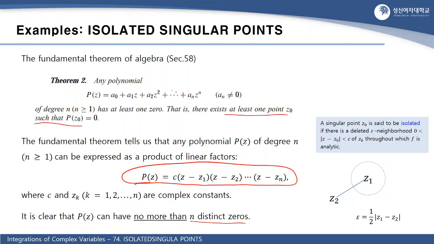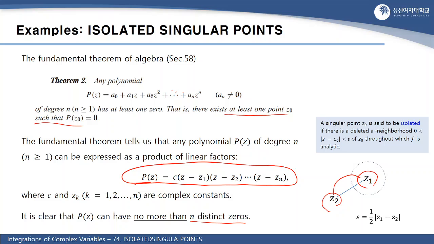So if we choose a pair of zk, for example z1 and z2, we assume that these 2 points are distinct, which means not the same. Then there is a distance between 2 points.